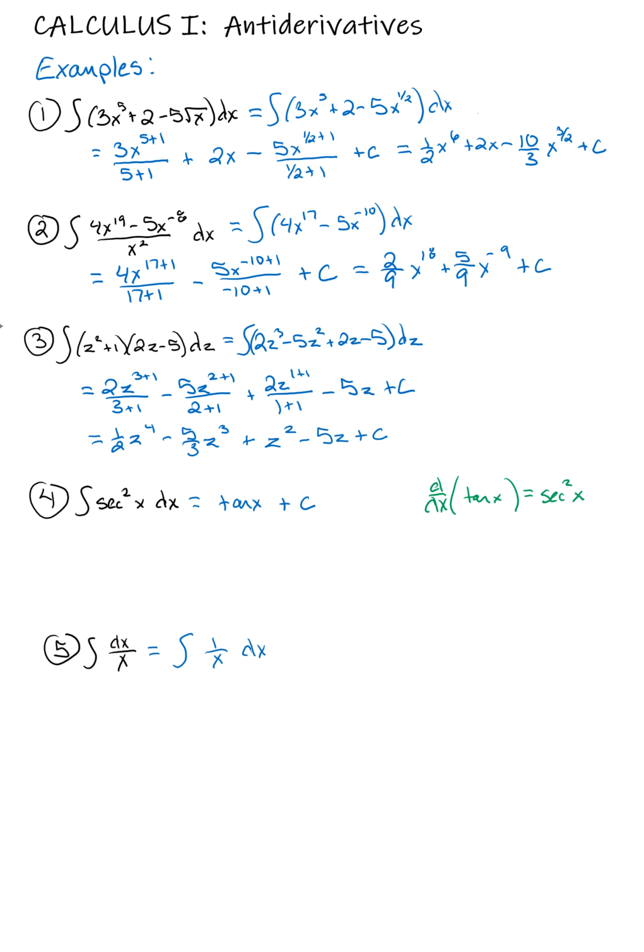Now I simply have to recall, what do we take the derivative of, which gives us 1 over x? Well, it turns out that that's the natural log of the absolute value of x. Thus, the integral of 1 over x dx is the natural log of the absolute value of x. Don't forget that arbitrary constant in the back.